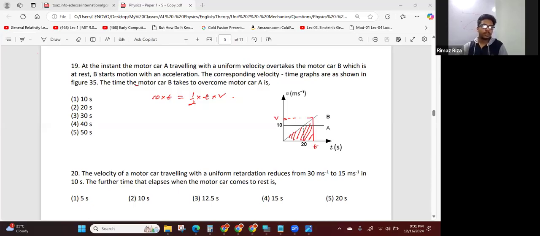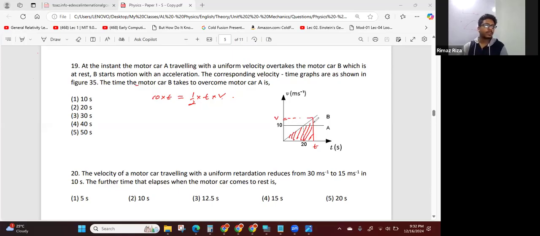Half into base into v. Here it says it starts moving with an acceleration.